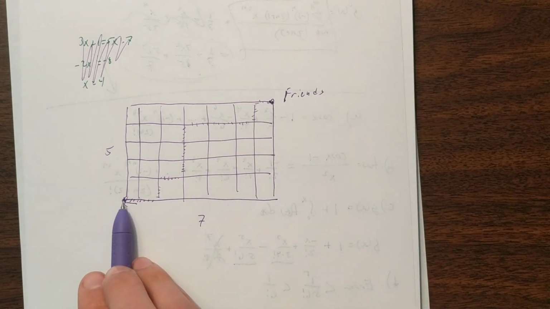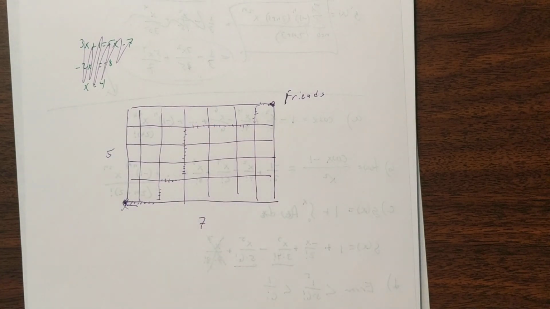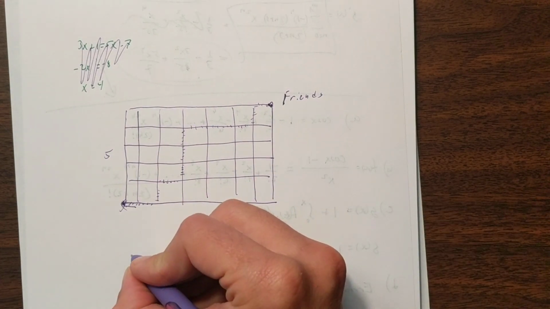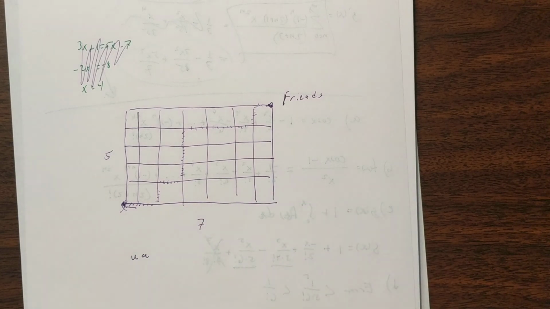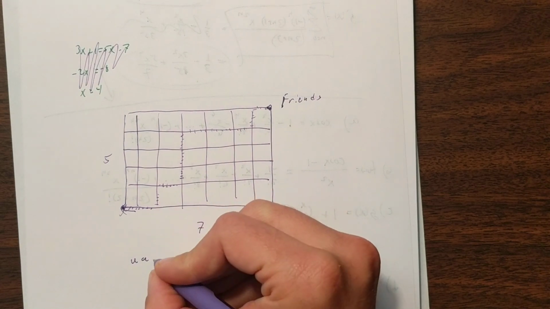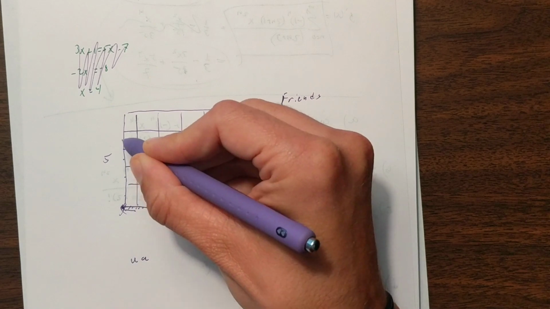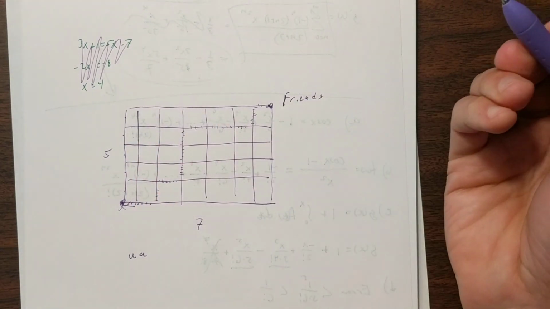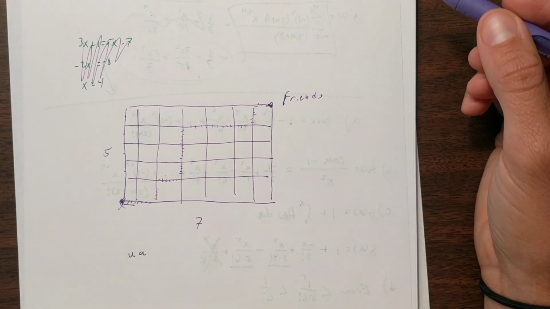Well, notice that again, it's basically the same problem, because you either can go up or you can go across, right? That's it. However, how many ups can you go? Well, you can only go 1, 2, 3, 4, 5 ups. You can only do 5 ups, and you can only do 7 across, right?